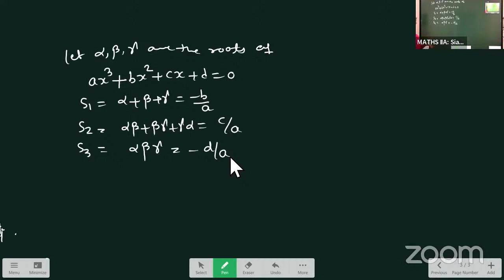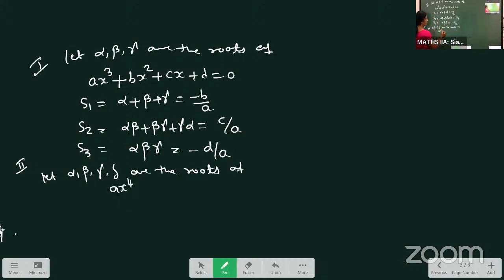Suppose you have a biquadratic equation, which means a fourth degree equation. Suppose alpha, beta, gamma, delta are the roots of the fourth degree equation ax⁴ + bx³ + cx² + dx + e = 0. How do you find S1, S2, S3, S4?